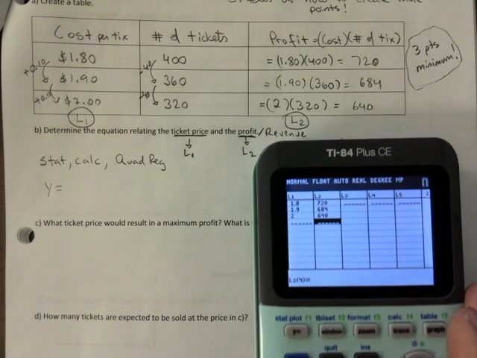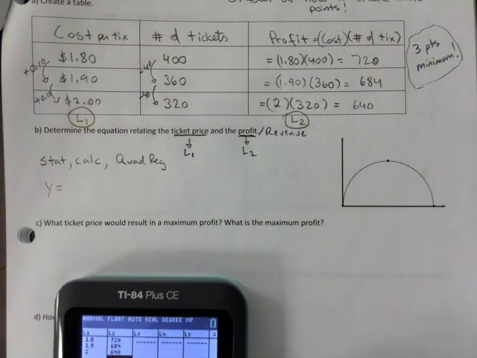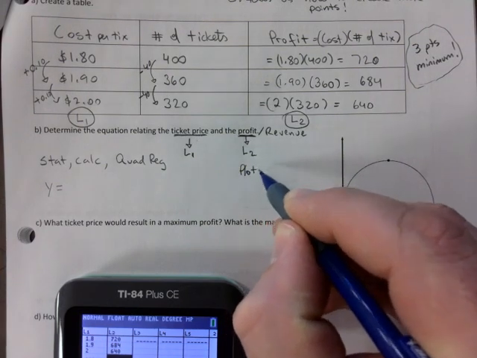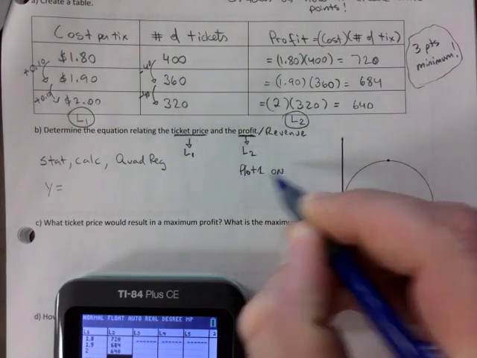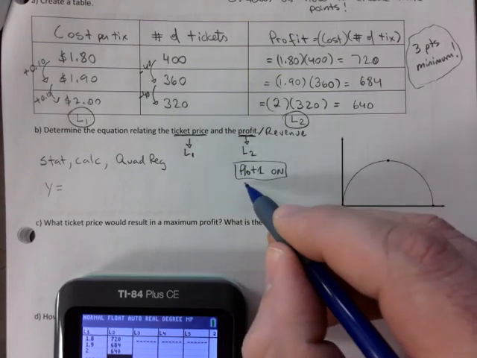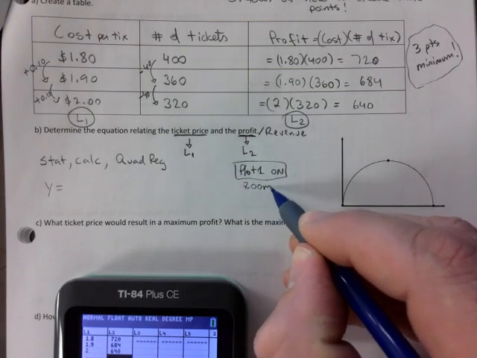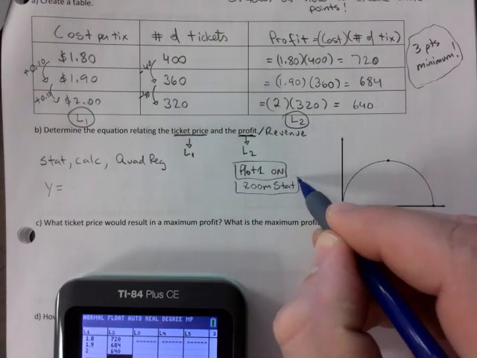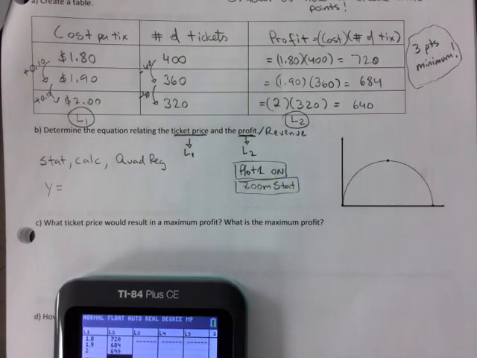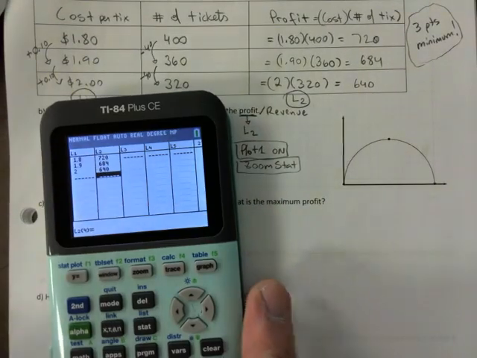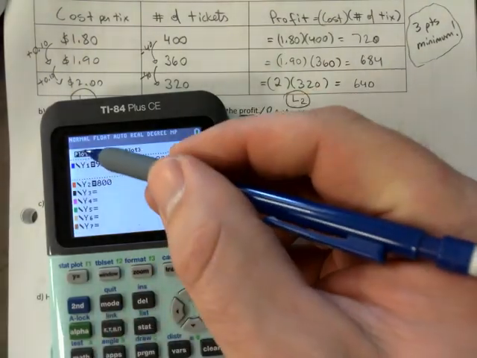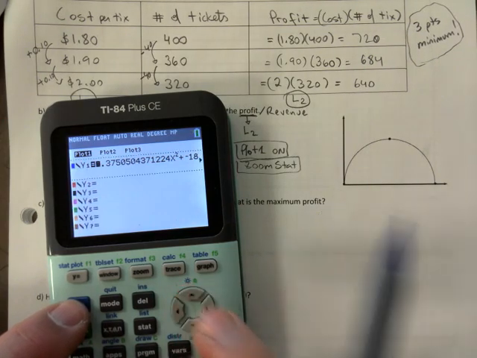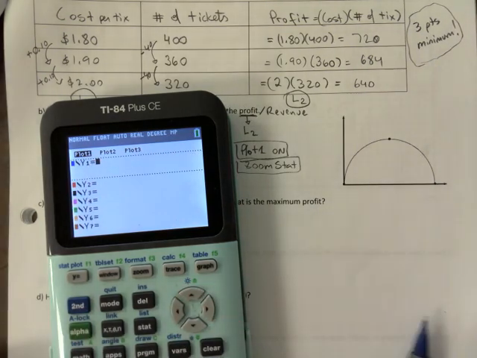I will make a note here. Plot 1 is on. Okay. And then I'm going to go zoom stat. Just to remind you that I'm doing that here. So I'm going to go y equals, plot 1 is on, good. I'm going to clear everything that's there. It doesn't matter, but let's clear for now.